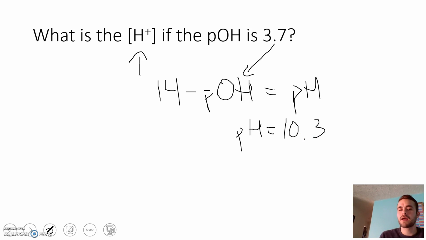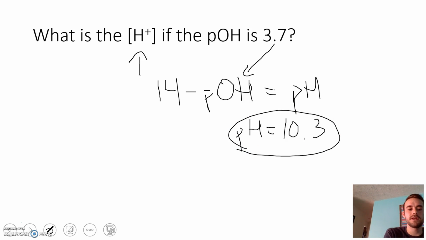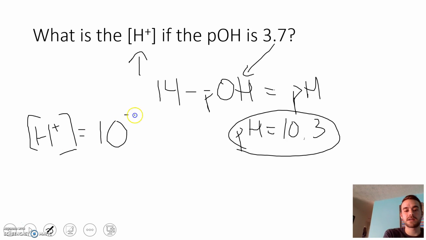Now, if we look back, there should be an equation that we can use where we plug in a pH, and that tells us how much H plus is present in the solution. So if you ever see this, you're going to have an equation where you put H plus equals, and here's your formula, 10 to the exponent negative pH.